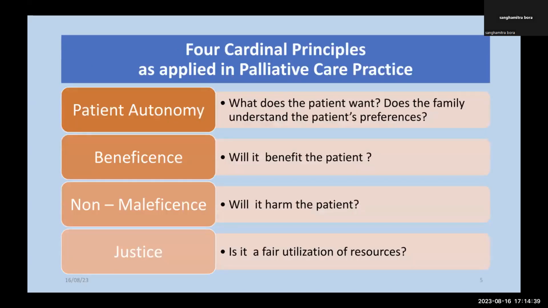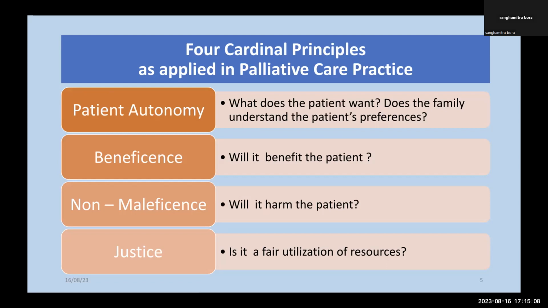The 4 cardinal principles as applied in palliative care practice are similar to those of medicine, and these are patient autonomy, the principle of beneficence, the principle of non-maleficence, and justice. So when we talk about patient autonomy, the questions that are pertinent at this point of time are, what does the patient want?